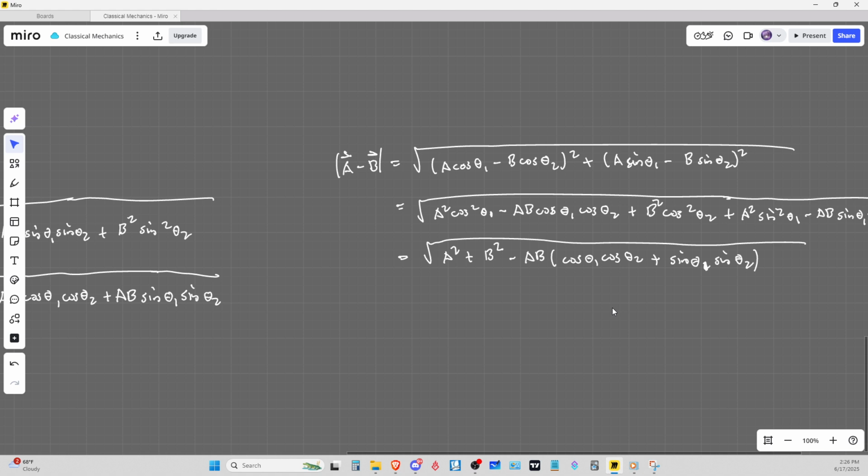Yeah, I'm getting close. It's just that we have two different angles. I don't know if there's a trig identity that involves these. Now I feel like I had an epiphany moment, because I feel like there is a trig identity like this.